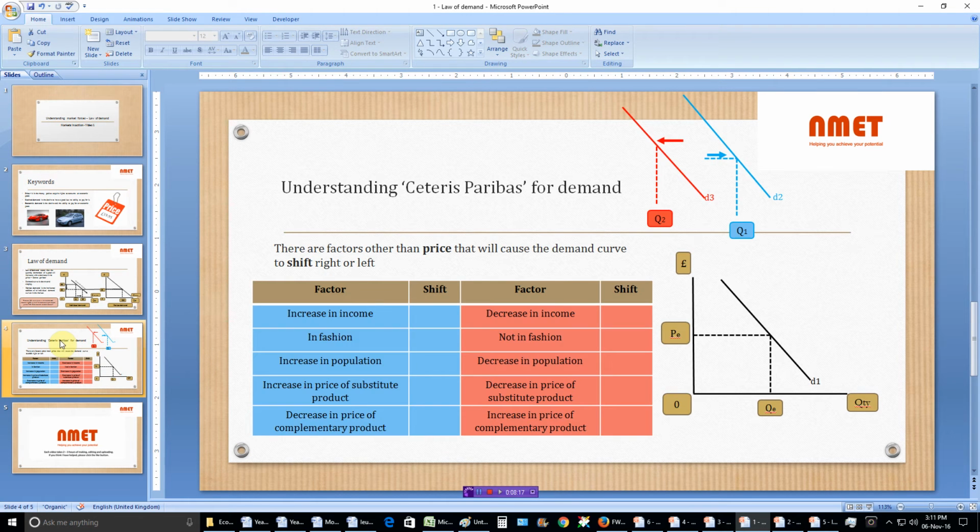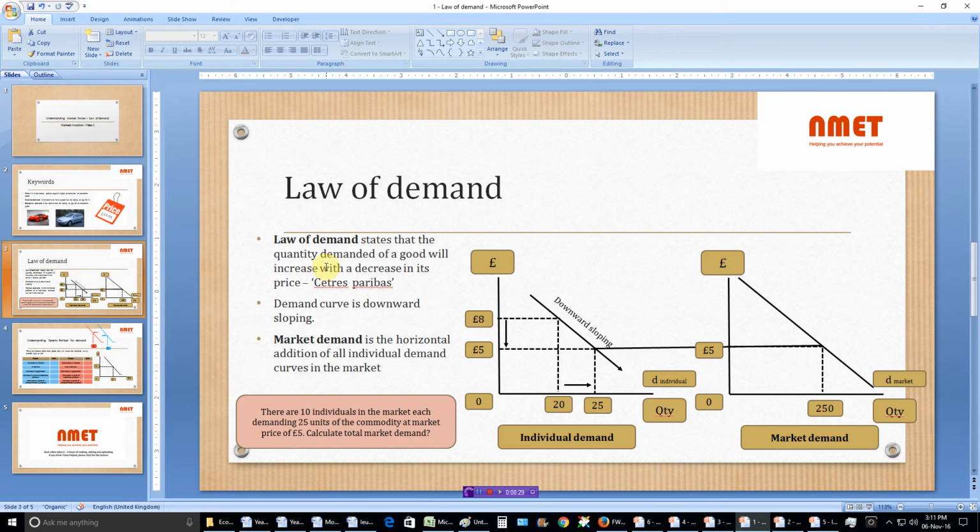We'll now try and learn the Ceteris Paribus for demand. And as I said, Ceteris Paribus is the change in any other factor than the price. If we go back to our previous example where we were talking about the law of demand, when the price is falling from £8 to £5, the quantity demanded has increased from 20 to 25 units.